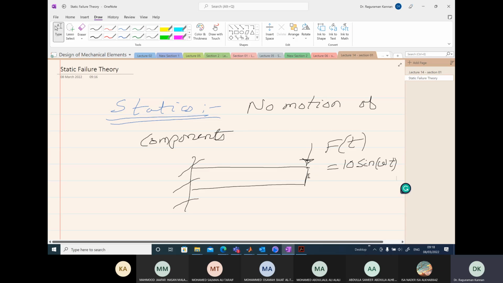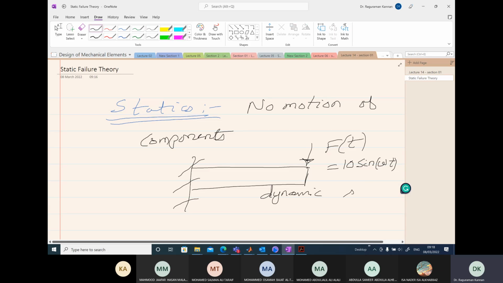Maybe we are not able to see with our eyes that the beam is moving. For example, in bridges we have dynamic load. All the time, different cars and different types of vehicles are moving around the bridge. Although the entire bridge is static, still the problem is a dynamic problem.